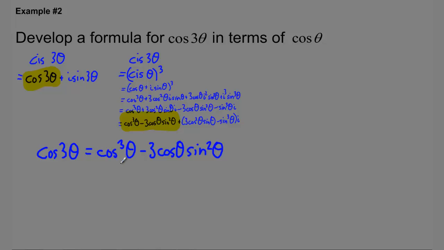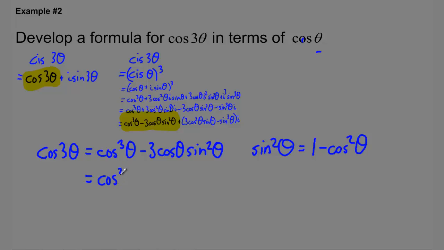But the original question asks, as we go back to look at the top, to develop a formula for cosine 3 theta in terms of cosine theta. So not quite what I'm wanting. I need to remove this sine squared theta. So let's recall the Pythagorean identity. Sine squared theta is 1 minus cosine squared theta. So we're going to replace the sine squared theta with 1 minus cosine squared.